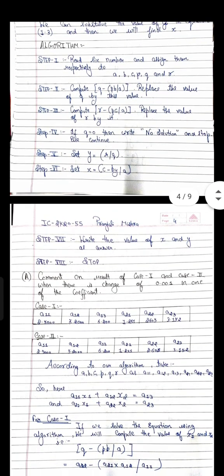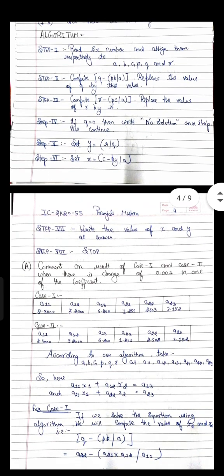Let's further go with the algorithm. Step 1. First, read 6 numbers and assign them respectively to a, b, c, p, q and r. Step 2. Compute q minus pb by a and replace the value of q by it. Step 3. Compute r minus pc by a and replace the value of r by it. Step 4.